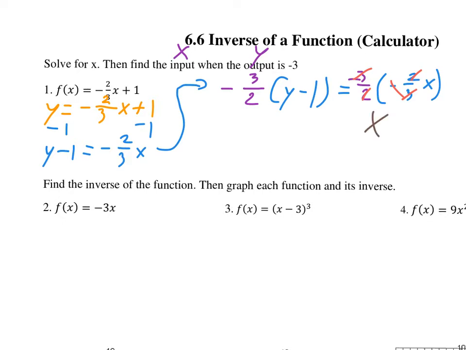Meanwhile, on the left side of the equation, our negative 3/2 is going to distribute onto that y and onto that minus 1 to give us negative 3/2 y plus, because a negative times negative is a positive, plus 3/2 is equal to x. We have isolated x. We have solved for x.